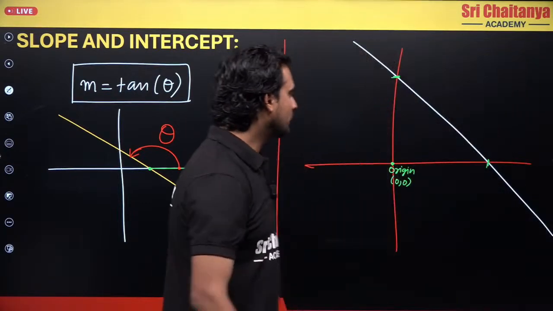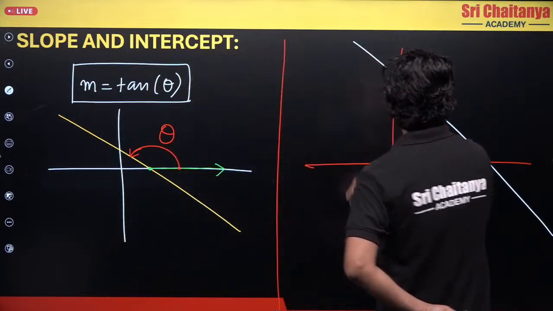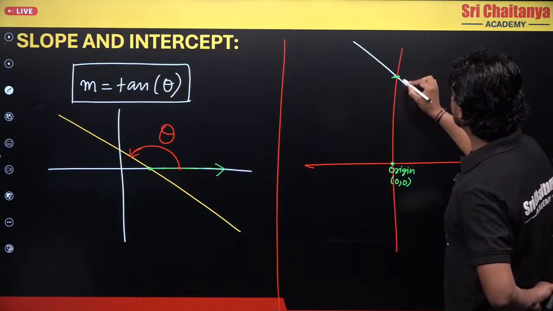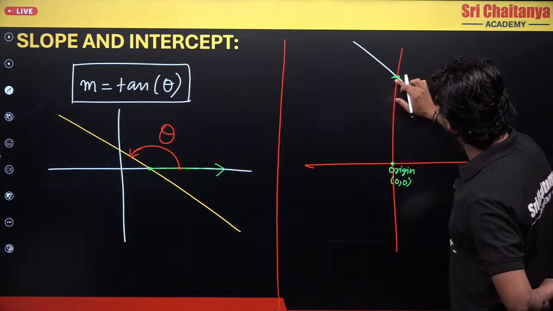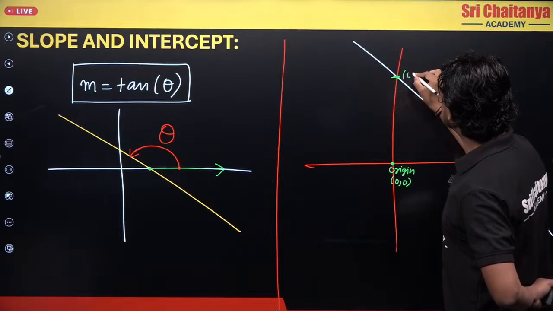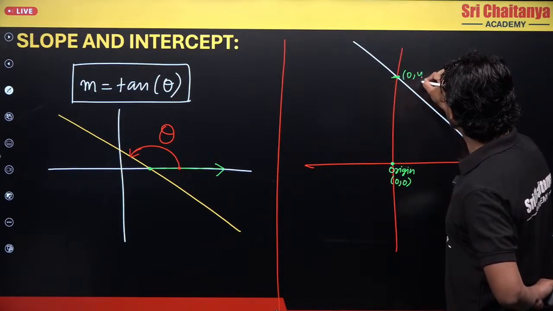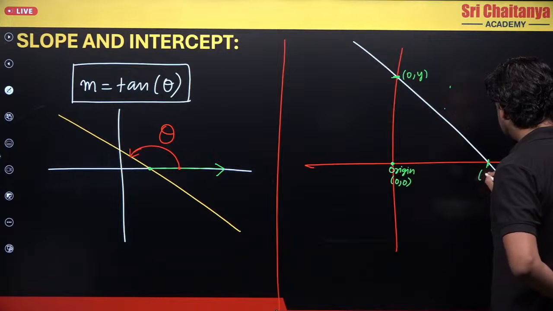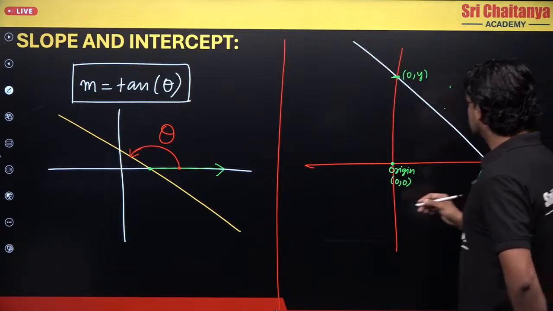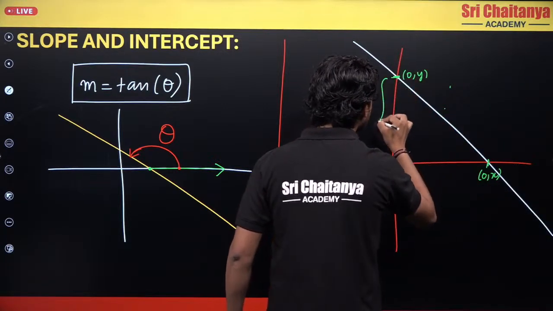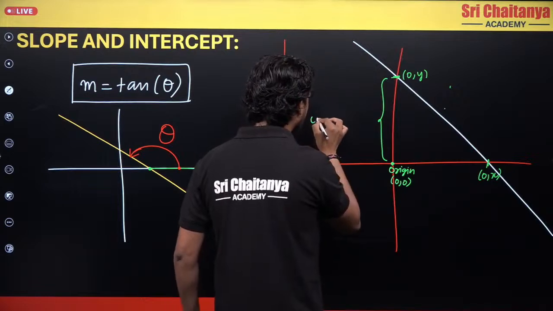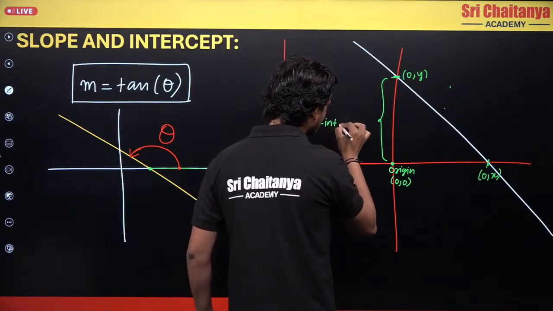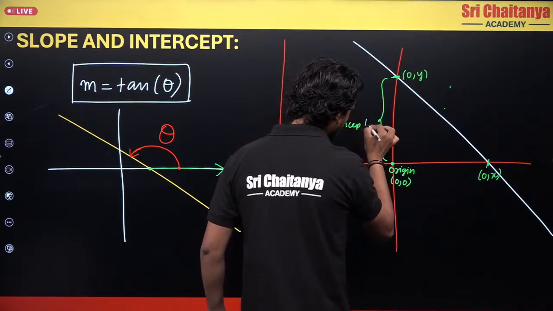At this point, can you tell me what is the y coordinate? The y coordinate will be this y coordinate, and the x coordinate is 0. So this point is (0, y), and this point will be (x, 0). The distance between the origin and this point is known as the y-intercept. What is y-intercept?